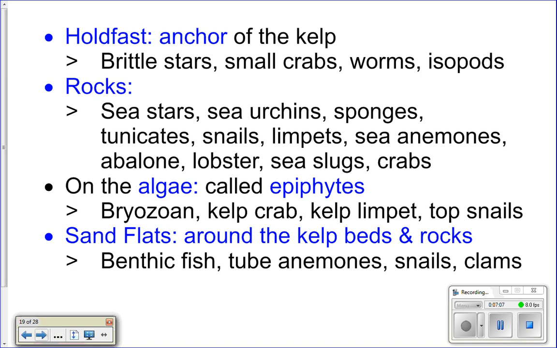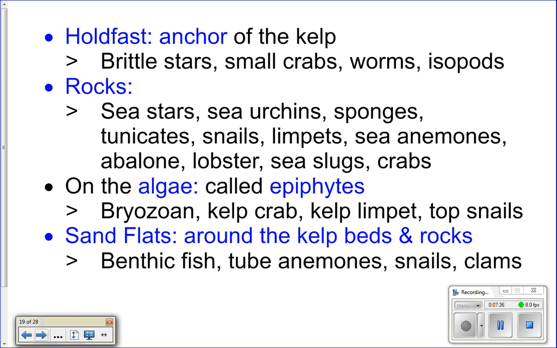Okay, so these kelp forests are going to create lots of different habitats for different things to live. They can live in all sorts of different areas: on the kelp, in the holdfast of the kelp, in the water column around the kelp, on the rock next to the kelp, many different places. So in the holdfast of the kelp, you can get hundreds of animals living in a single holdfast. It's kind of crazy.